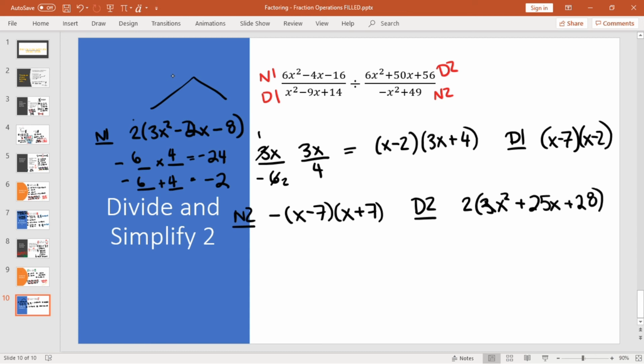Okay, so my AC line is going to be a little bit terrible. I need to multiply to 28 times 3, which is 84. Okay, a few things make 84. And I need to add to 25. So maybe you have to think about it for a while, or maybe you just got lucky and 21 times 4 came into your head.